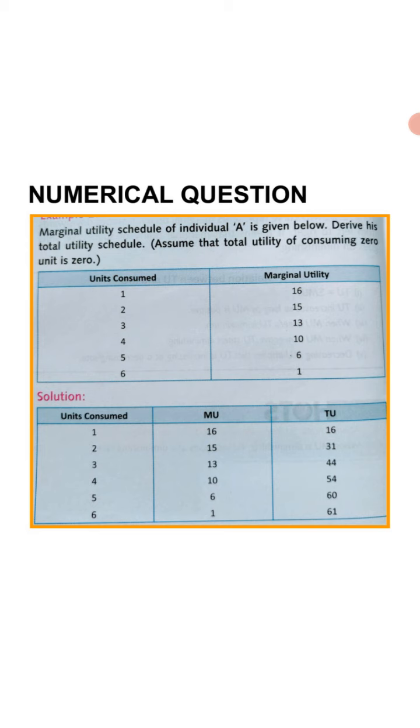The opposite is done when we have to calculate TU from MU: whatever TU we have got till now, we add to it. In the first unit, MU is 16 and TU is also 16. In the second unit, 16 and then 15, so 16 plus 15 equals 31, and so on. By adding all the corresponding MUs, we can get the value of TU.